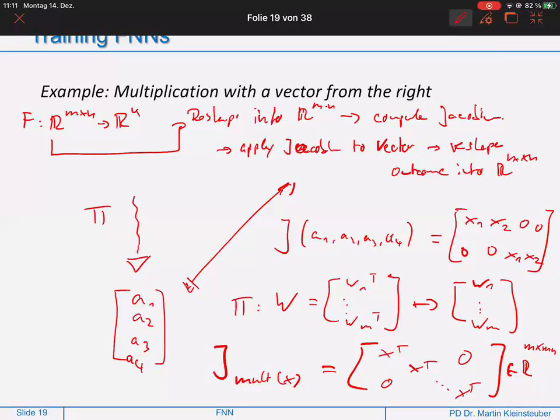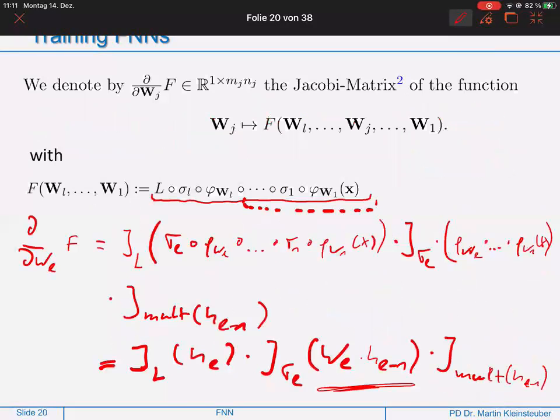So we have this reshaping issue, and if we have solved it, we can deal with matrix valued functions in terms of derivatives by reshaping the matrices. The derivative of the function that we want consists of looking at the different weights separately.